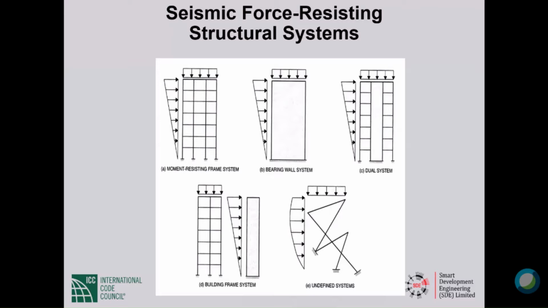If we design the frames based on interactive analysis, the columns at the bottoms of the frames would be very flimsy because remember, at the bottom, entire base shear goes to the shear walls, nothing comes to the columns. We cannot design on that basis. So the columns in the lower levels of the frames are designed based on this 25% of the design base shear having to be carried by the frames. So that is a dual system.